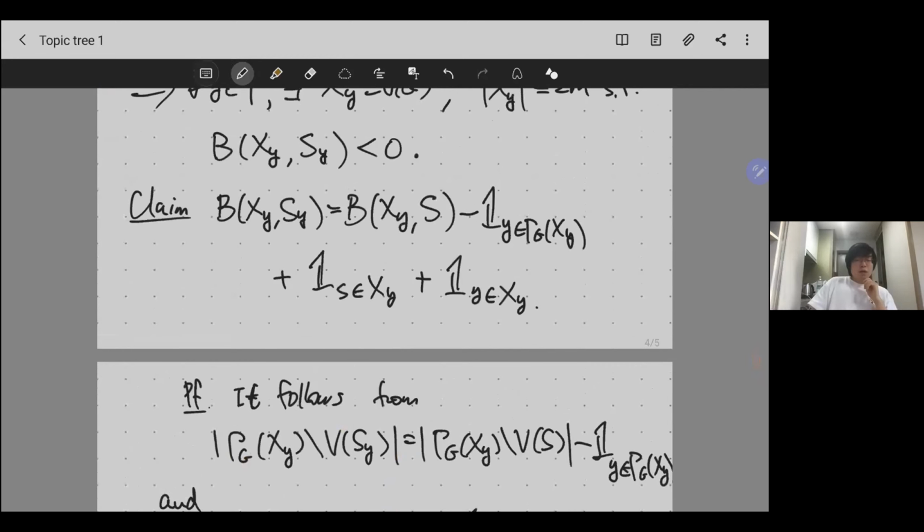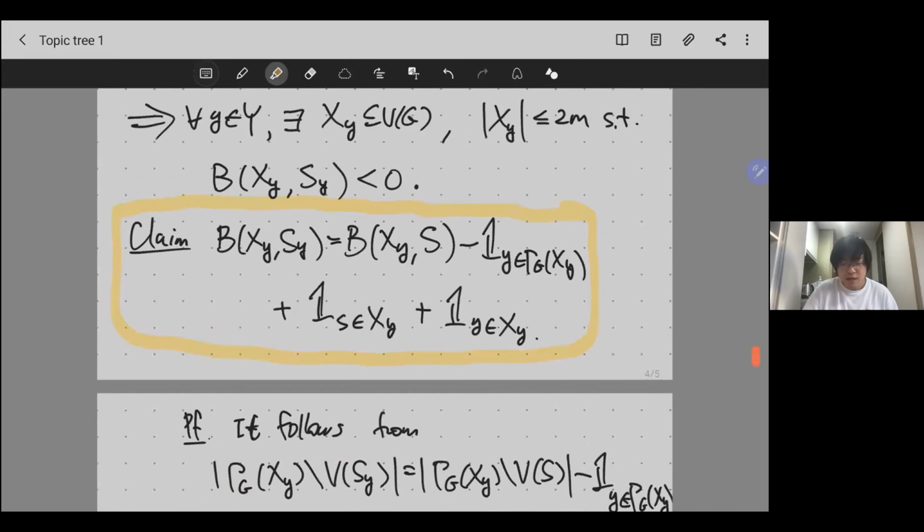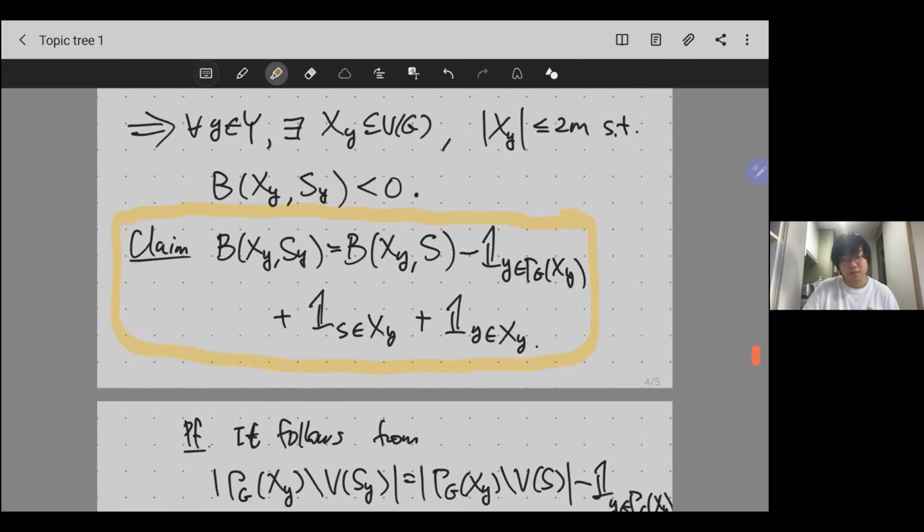Now, how do we use this claim? We know that the left-hand side, the balance of this set X sub y, is negative with respect to S sub y. This is by our choice of capital X sub y. But we also know that S is a nice embedding.